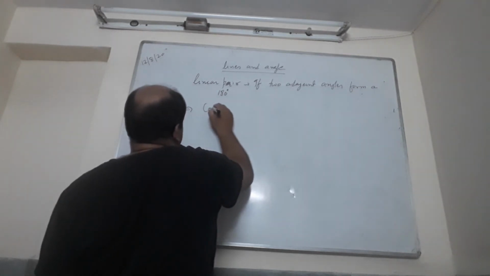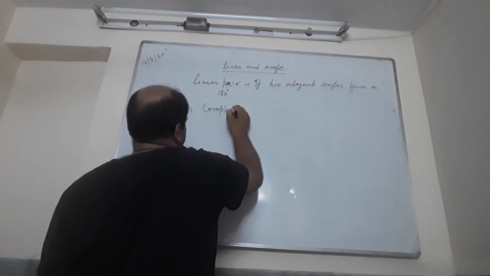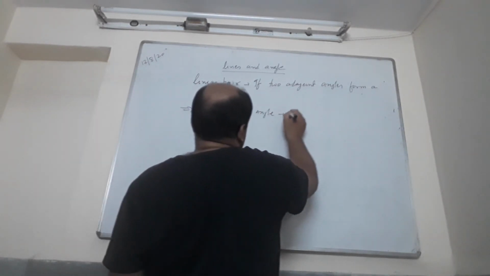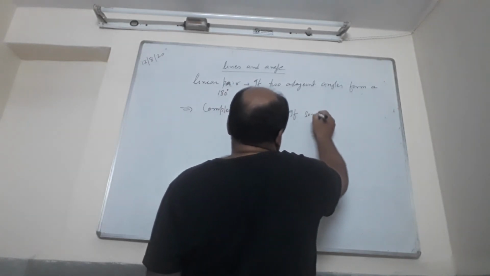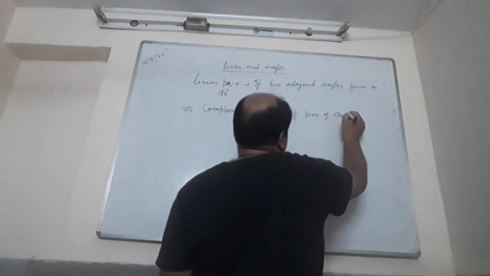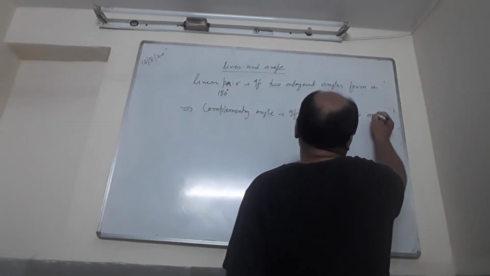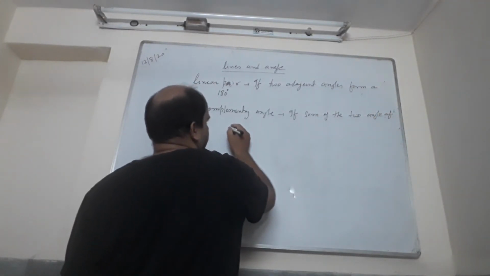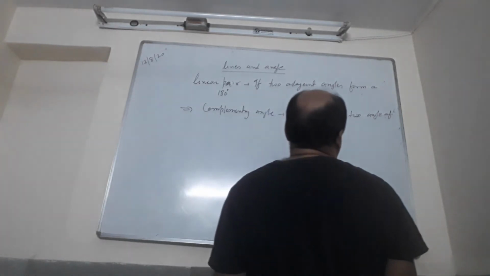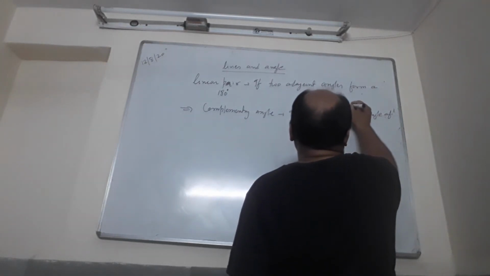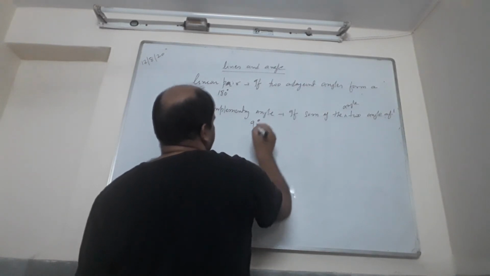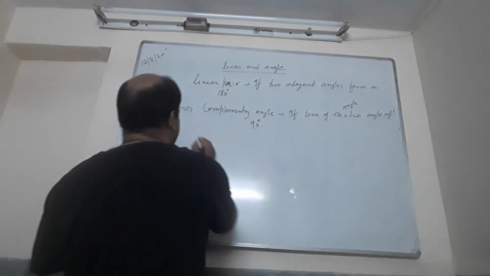Second, complementary angles: if the sum of any two angles is 90 degrees, it is called complementary angles.